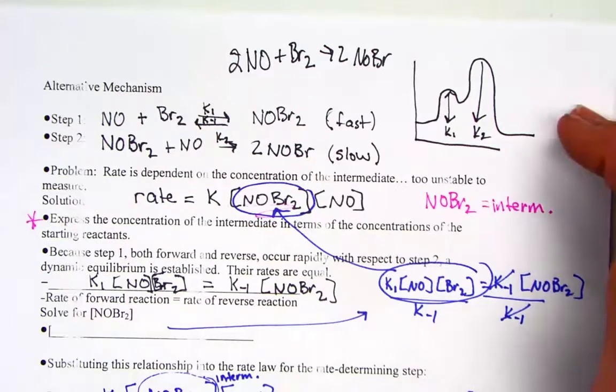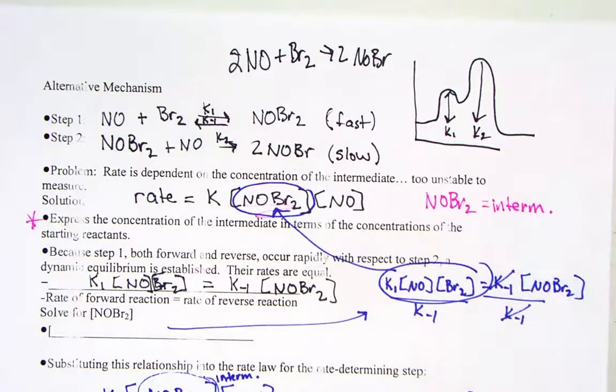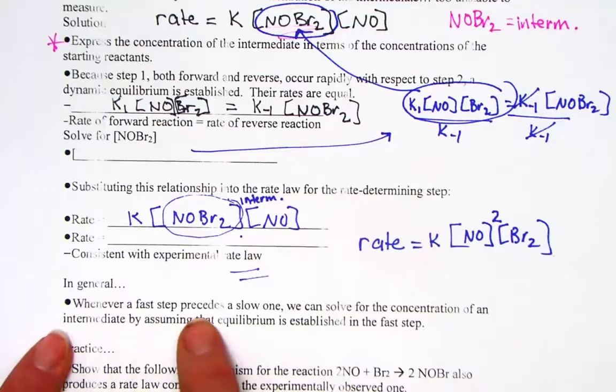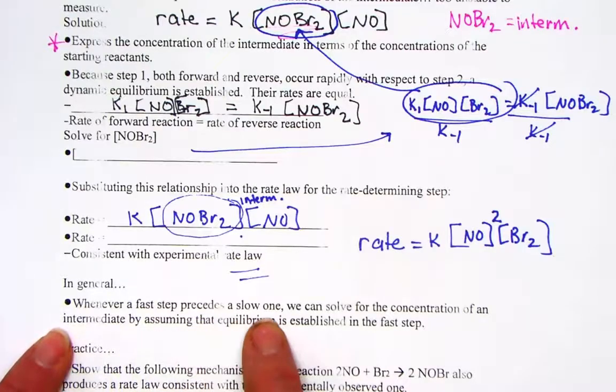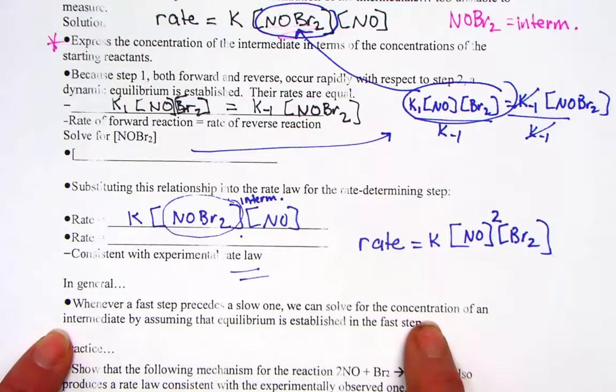So I chose to make the first step faster and the second step slower, then simply subbed in the equivalent values for the intermediate. In general, whenever a fast step precedes a slow step, we solve for the concentration of the intermediate by assuming that equilibrium is established in that fast step.